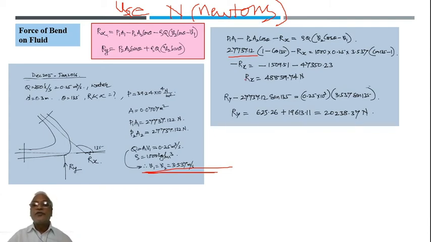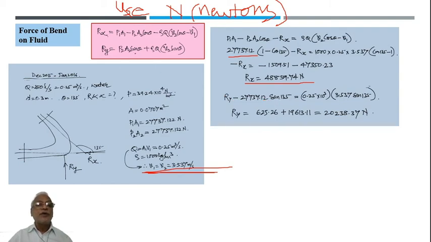From this, if you simplify, Rx comes out to be equal to 48,859 or 48.86 kilonewtons.